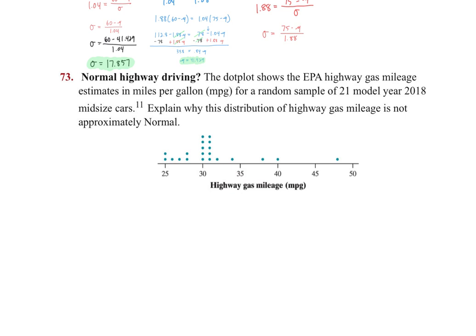So this distribution looks skewed. We can even say skewed right. And so it can't be normal at the same time.